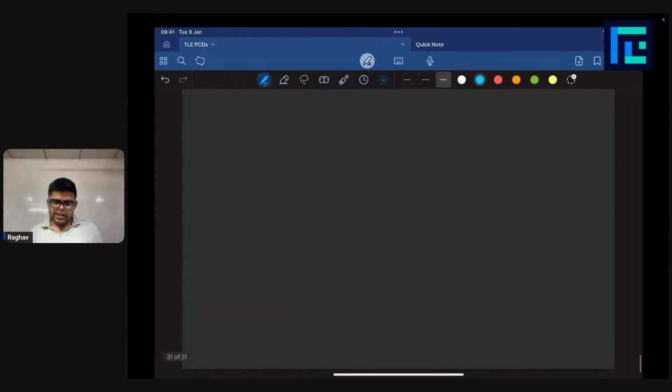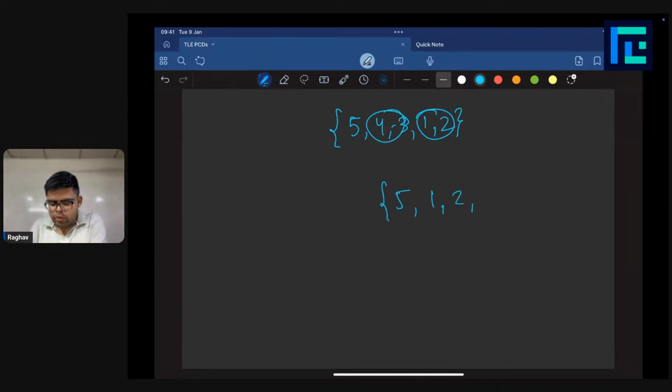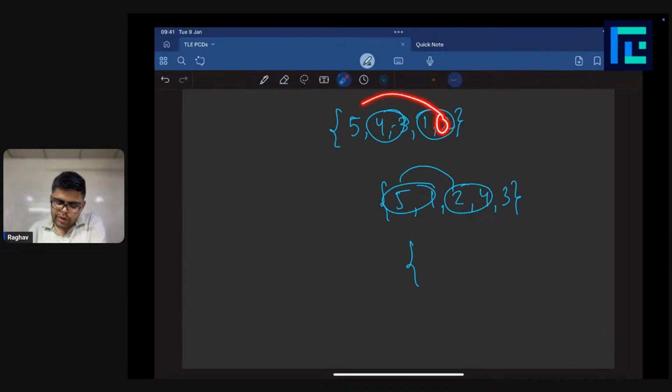Then there was a test case 5 4 3 1 2. You can swap these two to get 5 1 2 4 3. Maybe swap these two to bring two to the front, because our goal was to bring two to the front from the beginning.